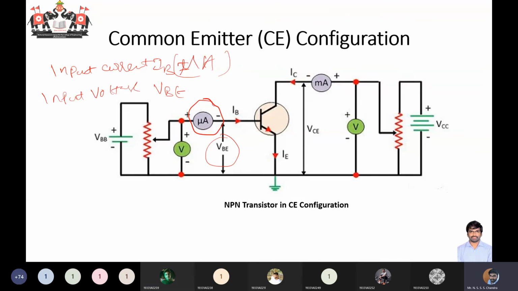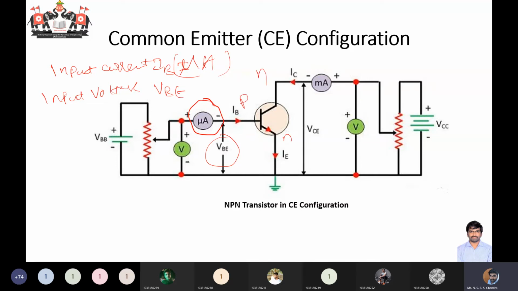Because I want to cover both configurations at the same time, I'm using an NPN transistor here, unlike the PNP transistor in the CB configuration. The arrow mark between base and emitter is towards the emitter. So emitter is N type, base is P type. So it's an NPN transistor.